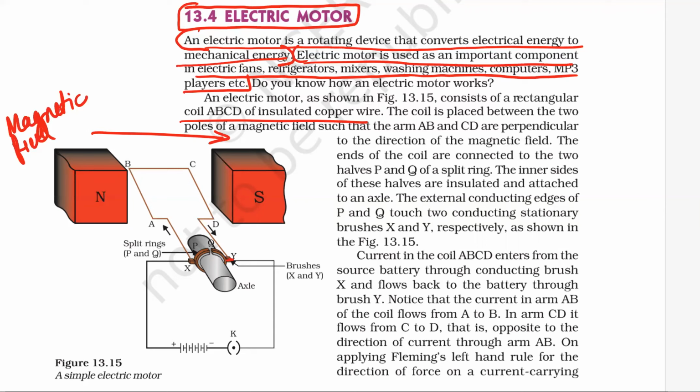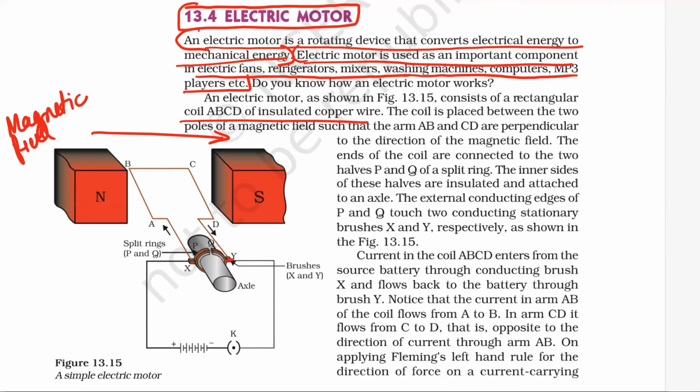Current in coil ABCD enters from the source battery through the conducting brush, and a circuit is formed. Current enters through brush X and flows back to the battery through brush Y. Notice that current in arm AB of the coil flows from A to B. In arm CD, it flows from C to D, which is opposite to the direction through arm AB.